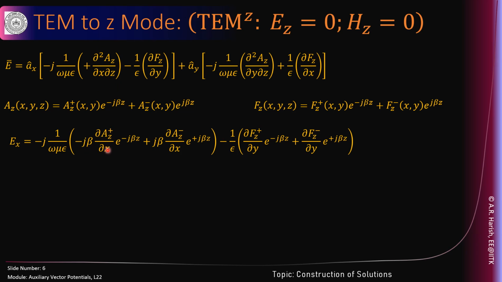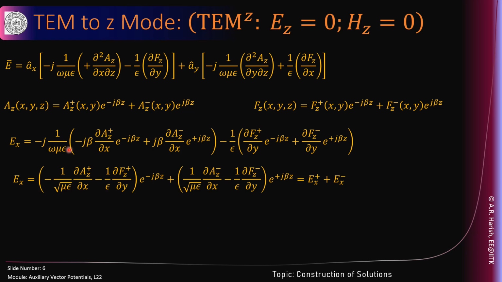Az plus is a function of both x and y, therefore its derivative is not 0, therefore this exists, e to the power of minus j beta z, and the derivative with respect to z of this term gives me j beta and the remaining term is hanging out here. Then I'm left with minus 1 upon epsilon. Similarly, I can do it for Fz and I get this term here.